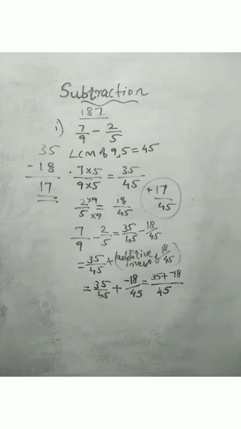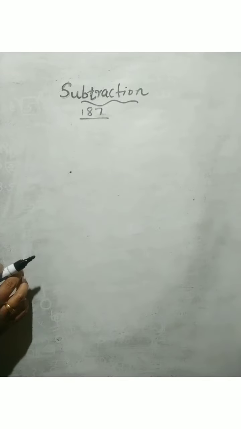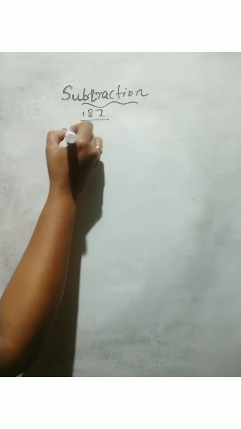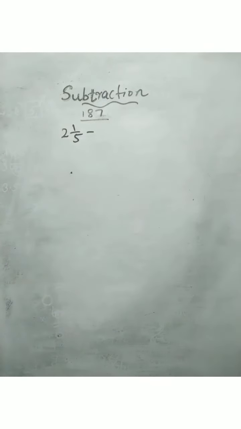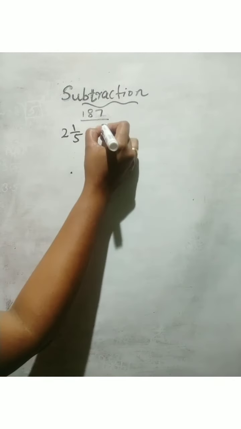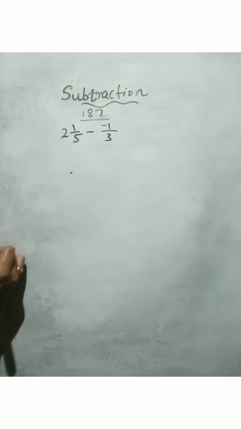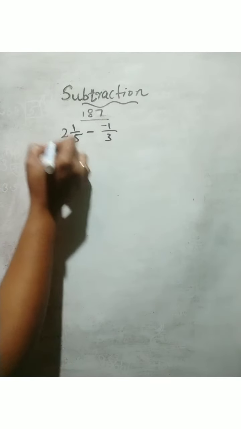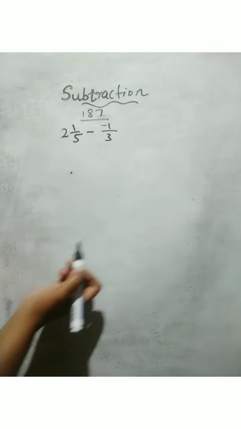Clear? Then the second question: 2 1 on 5 minus 1 on 3. As in the addition, we have to convert these mixed numbers into improper fractions.